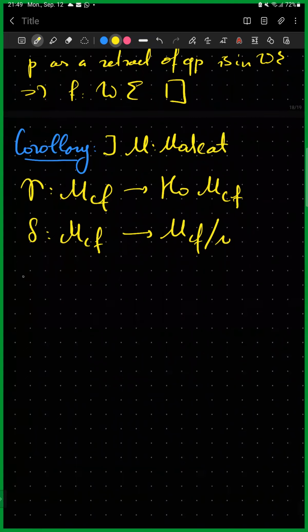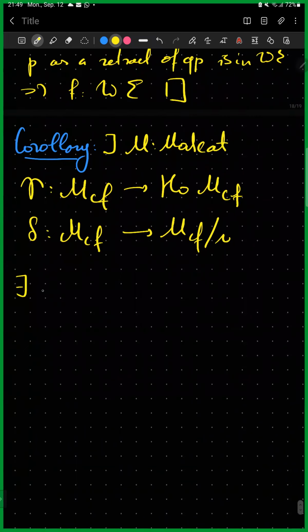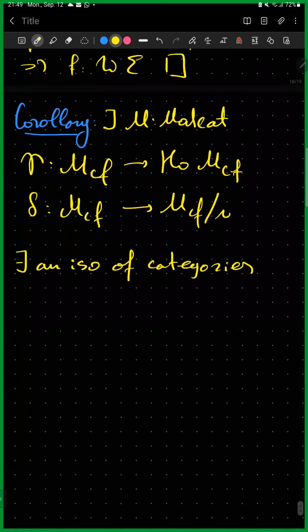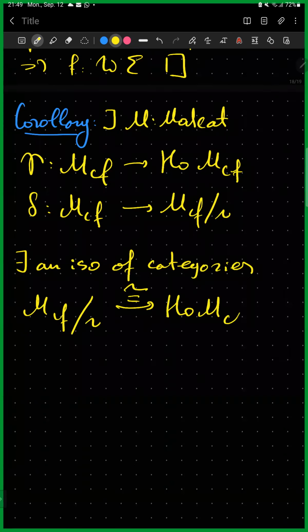Then there is an isomorphism of categories. So it's even better than an equivalence of categories.